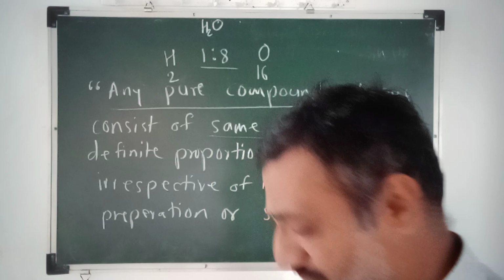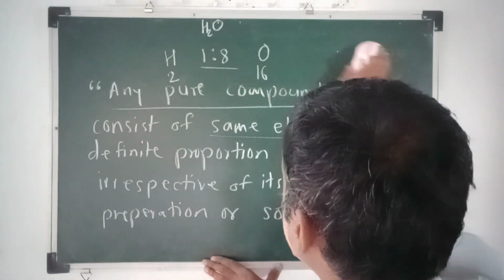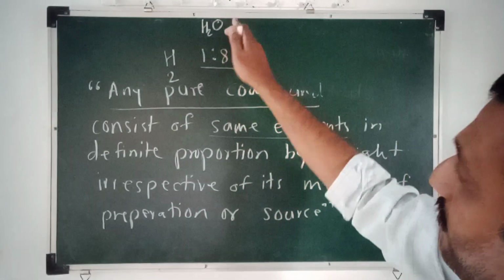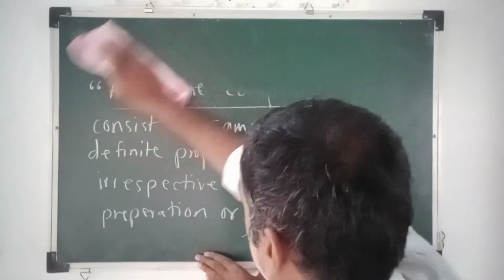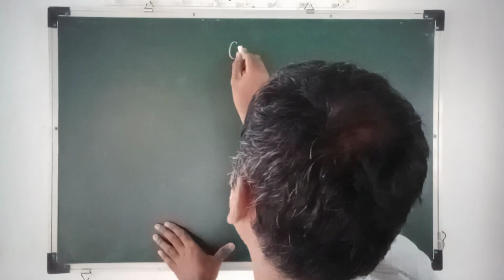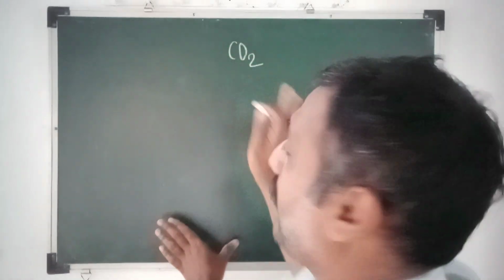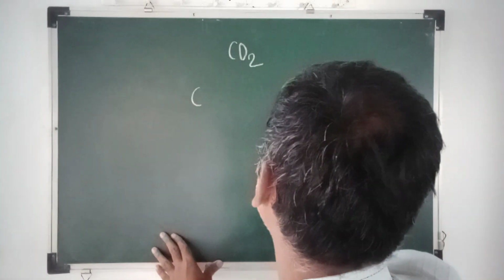We can take many different examples. I hope you understood: any pure compound always consists of the same elements and the mass ratio is fixed. So let's take the example of carbon dioxide. What is its formula? CO2. So carbon dioxide always consists of carbon and oxygen.